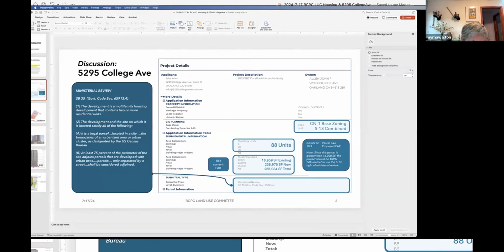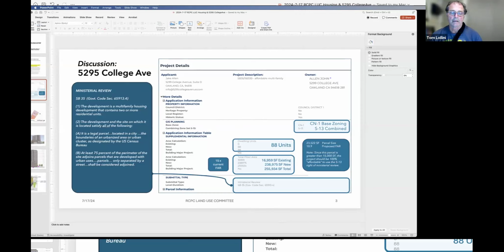All right, so the project details are something that was on the city's website for the project. I'll take you to the big blue square off to the left. That is a summary of the ministerial review elements of SB 35. Note it's not SB 330 or SB 8.